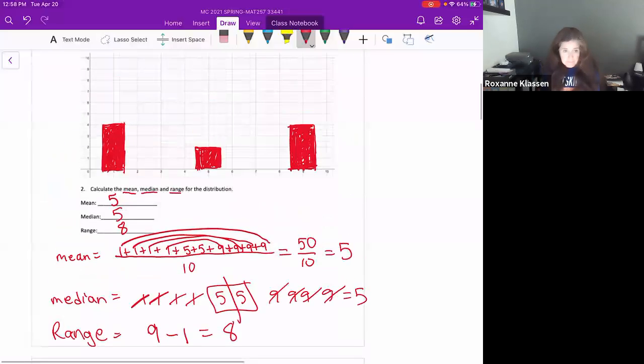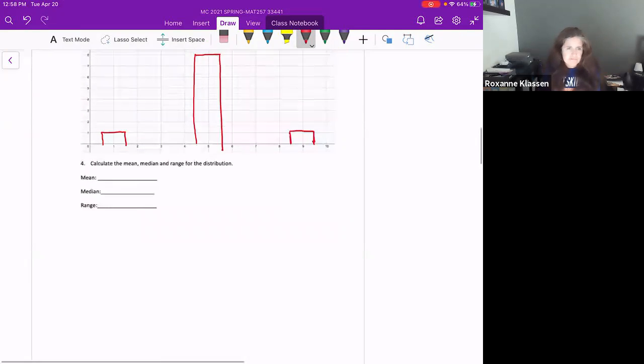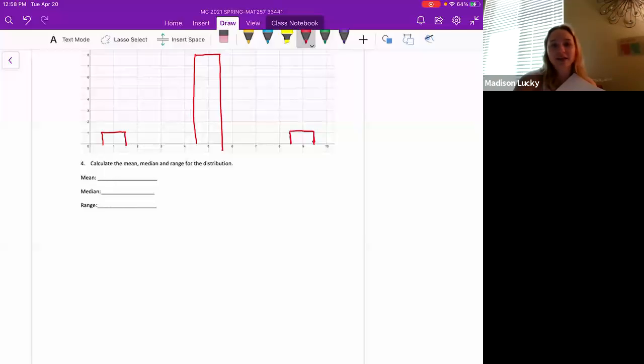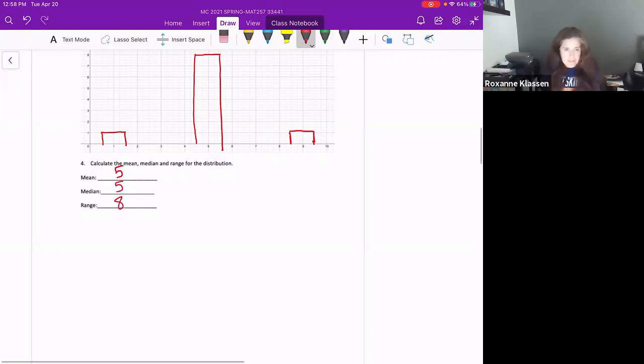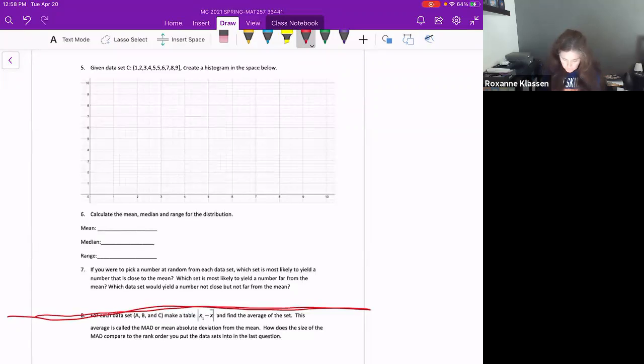And then what was your mean, median, and mode on data set B? So number 4. Same as set A. Oh, interesting. 5, 5, and 8. And then on data set C, we had 1, 1. We had 1, 2, 1, 3, 1, 4.